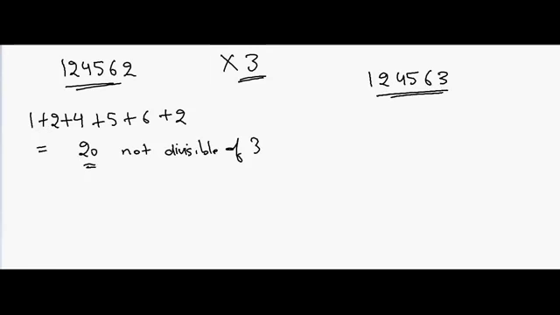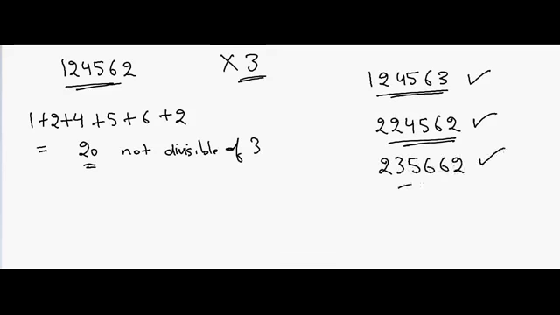Or we can change any other digit. We can say 224562. That should also be divisible by 3. Or we can increase 1 in each of these and say 35662. This should also be divisible by 3.